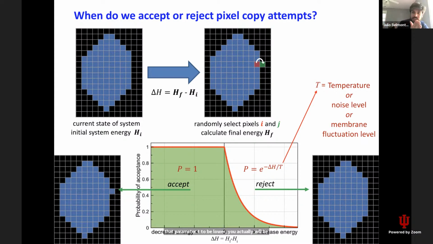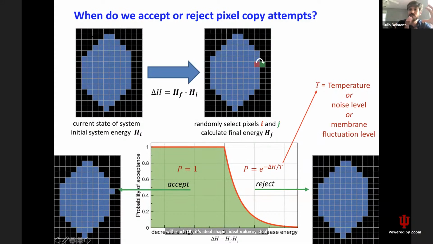One question is, okay, why do you want to have this kind of parameter? Why not only accept the pixel copies that decrease the energy of the cell? The problem with only accepting pixel copies that decrease the energy of the cell is that very quickly your cell will reach all its ideal shapes, ideal volume, and ideal surface area.